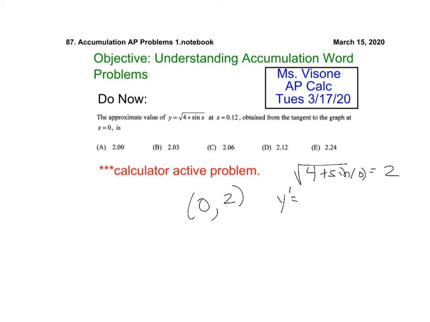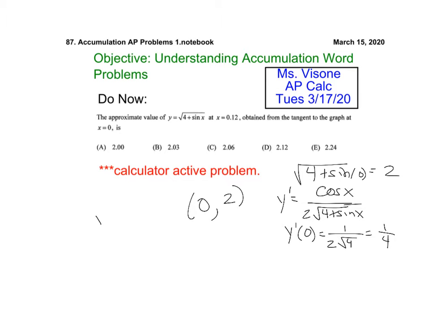y prime is 1 over 2 root 4 plus sine x. Derive the inside, cosine x. Plug in 0. Cosine of 0 is 1 over 2 times the square root of 4, so we get 1/4.